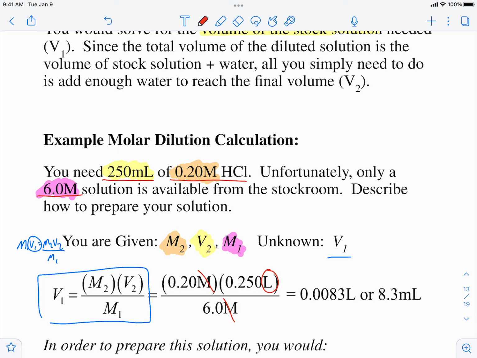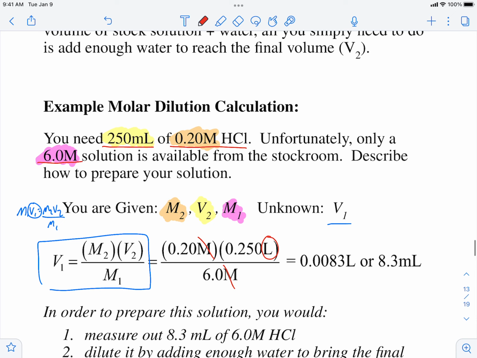So our desired molarity, 0.2 molar, our desired volume, 0.25 liters, our stock molarity, 6 molar. After we run our calculation, we get 0.0083 liters, or 8.3 milliliters. Okay, so this is the first part of the problem, figuring out how much.